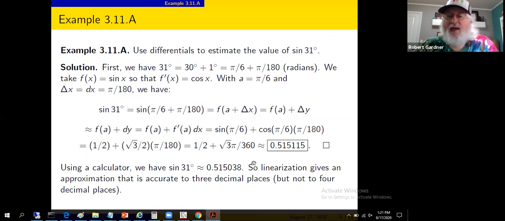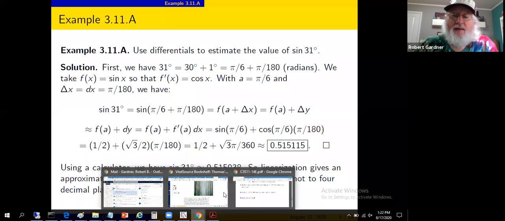But not too bad. We got to, what, 1 part in 5,000 just with this little technique here. So we're correct to 3 decimal places, not to 4. It's actually off in the 4th decimal place. So there's a way to approximate functions, and there's a type of application you might have for this kind of thing.